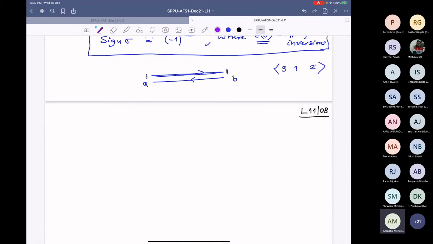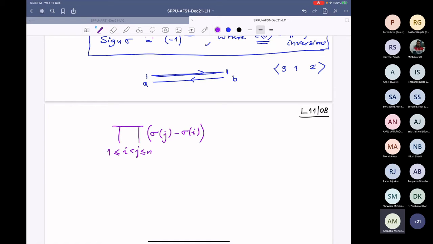What he did was he considered this product, running over 1 less than or equal to i, strictly less than j, less than or equal to n, of sigma of j minus sigma of i.